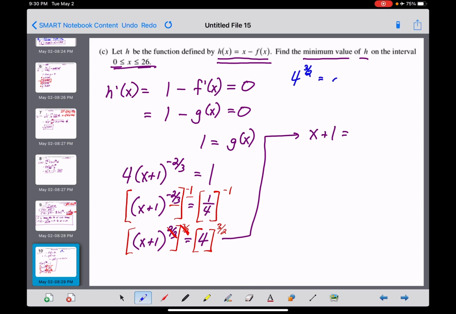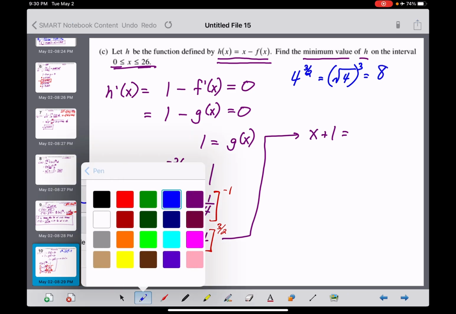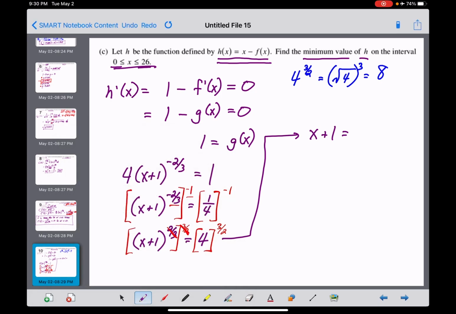What that means is the square root of 4, and then you should really do the square root first and then cube that result. Square root of 4 is 2. 2 cubed is 8. So where was I? Back to purple here, guys. So that right side, 4 to the 3/2 power, is going to become 8, and we're going to subtract 1 from both sides and get x equals 7.